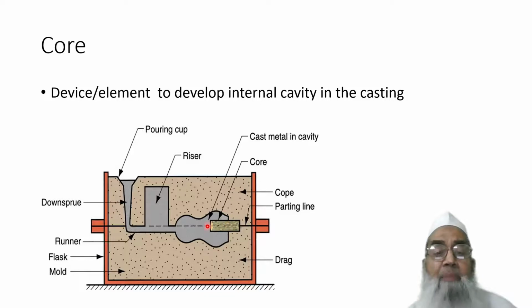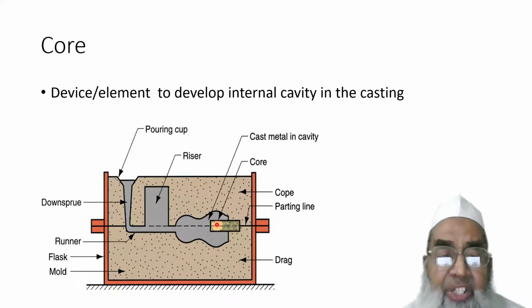While assembling the mold, we have to locate and install this core in the cavity itself, and therefore we need to design the size of the core so that the hole in the product is of the desired dimension.